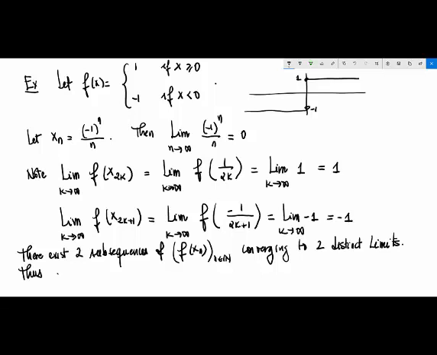Thus, the sequence f of xn is not convergent, it is divergent, which clearly means that it does not converge to f of 0. So we have now found a sequence xn which converges to 0, but its image does not converge to f of 0. Thus f is discontinuous at 0.